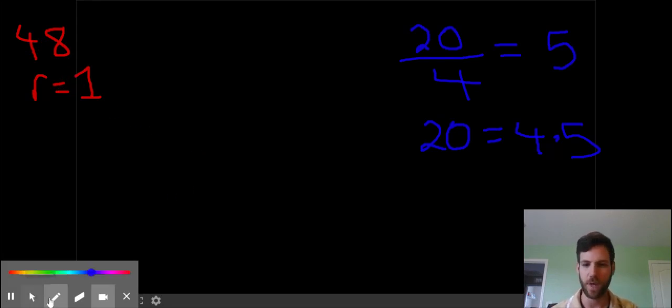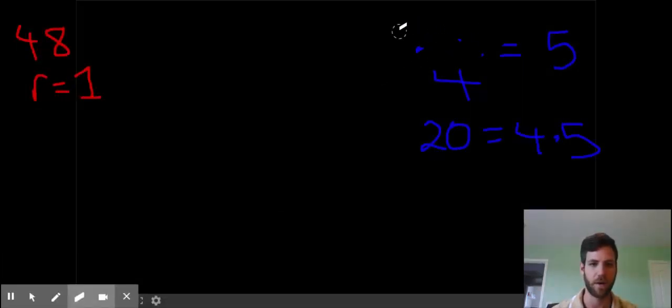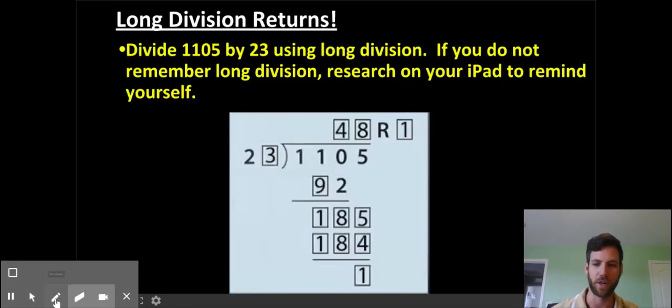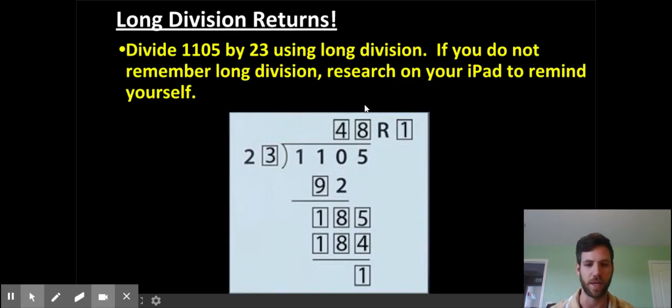So let's get rid of our 20 divided by 4 and all of this stuff over here. In fact, let's just get rid of everything right now. So we know from what we just did earlier that 1105 divided by 23 equals 48, and the remainder is 1. So let's write that out.